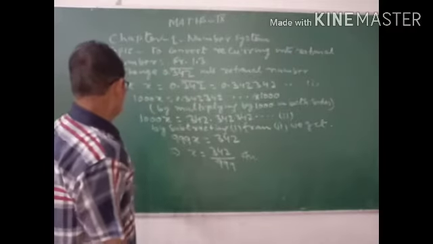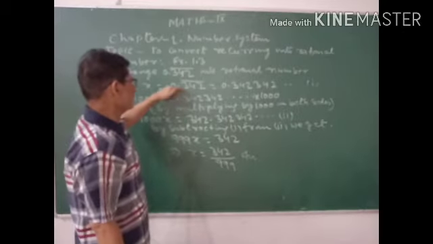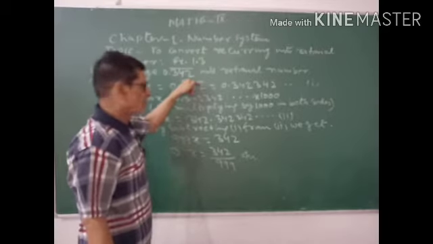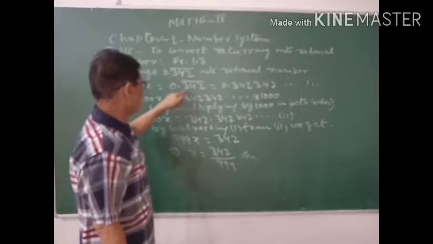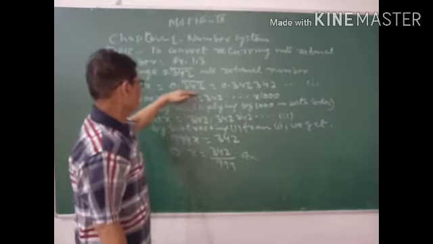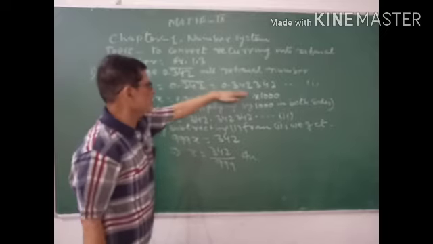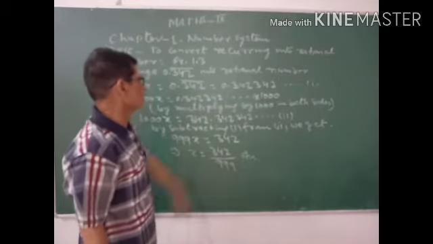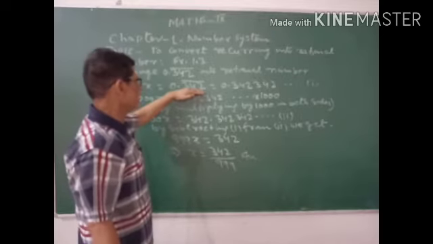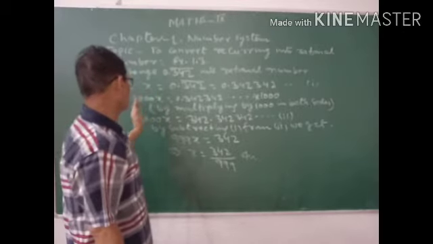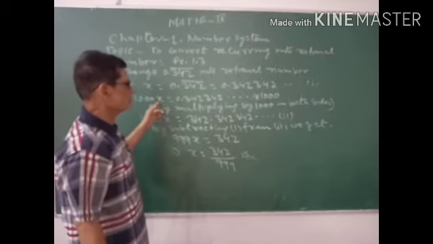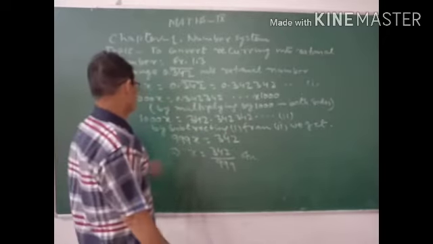Now the first step is to take out one set of recurring digits, and for this there are 3 digits, 1, 2, 3. Therefore, if we multiply by 1000, then one set of recurring digits will come out. So here I have multiplied by 1000 on both sides.